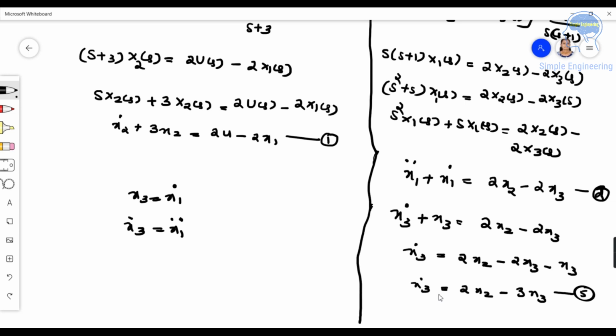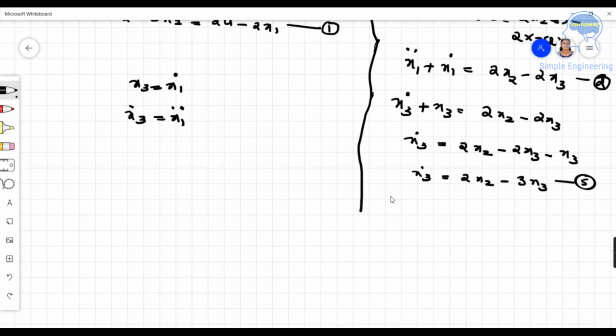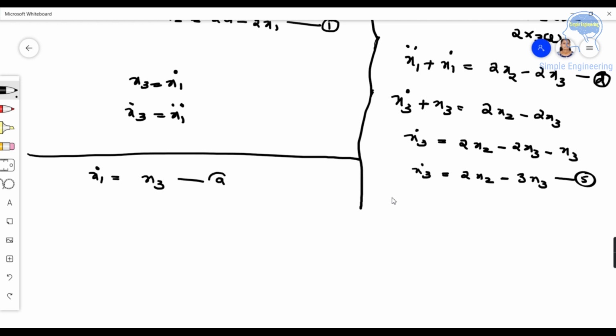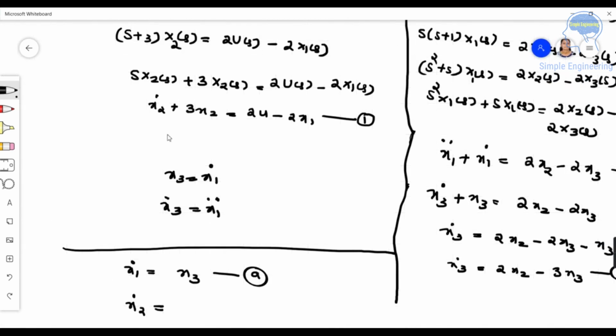Then next what I am going to do is, so we have got x3 dot. So writing all the equations over here, that is x1 dot is equal to x3, which we got over here. This I am taking as equation A. Next is x2 dot, I have to find out. So already from this equation we can write x2 dot is equal to 2u minus 2x1 minus 3x2.